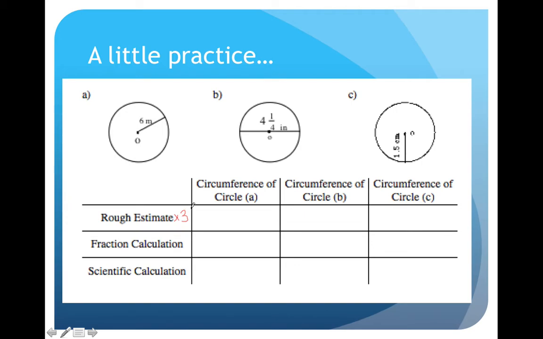The fraction calculation, they would like a fraction answer. So if you remember from that chart on the front, you're going to use 22 over 7. And finally, the scientific calculation. I'm thinking they probably want you to use the pi button on your calculator.